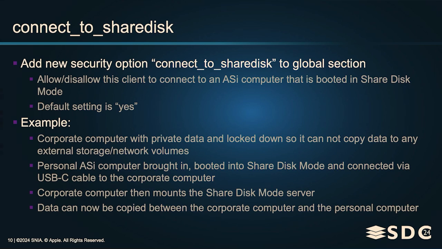They put it into shared disk mode, so it's the server now. They connect it to your corporate computer, and then they were able to copy files from their secret corporate computer hard drive to the Apple Silicon device. So that was actually a security hole. We're like, oh, yeah, let's not allow that.